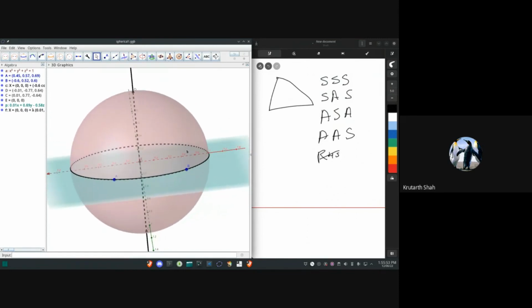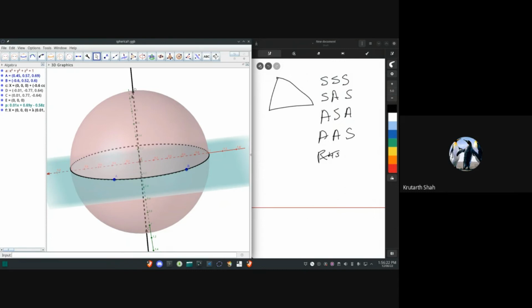I repeat. If you have 2 points A and B, which define a great circle, we consider the plane through A and B and the perpendicular line from the center to the plane, and let it intersect the sphere at 2 points D and C. Those are the poles of the great circle.